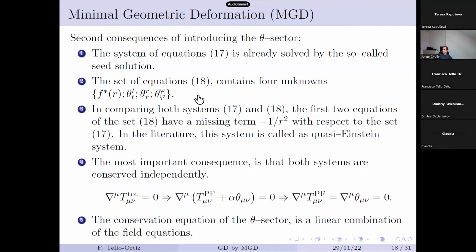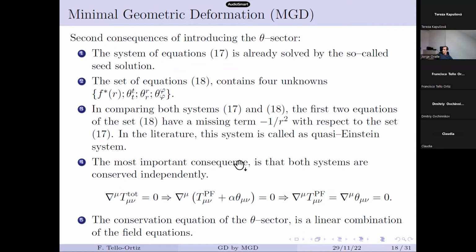Does it satisfy the Bianchi identities or not? This is the question arising in this case. And to give an answer to this important issue, the most important consequence is that both systems are conserved independently.